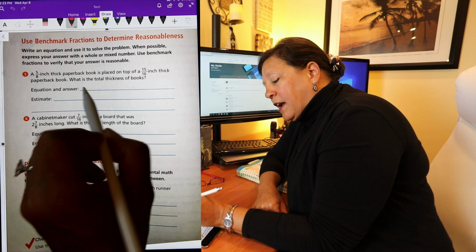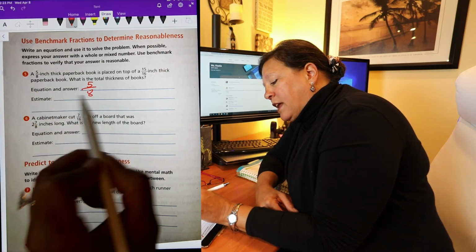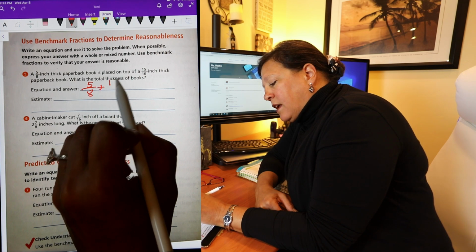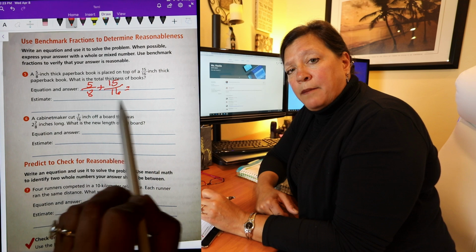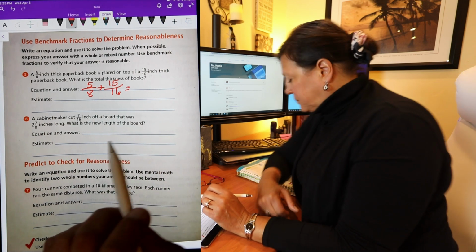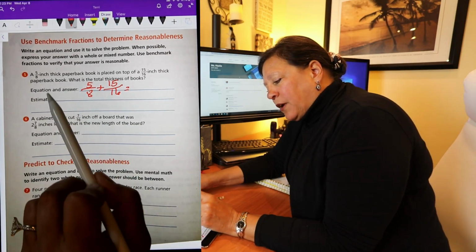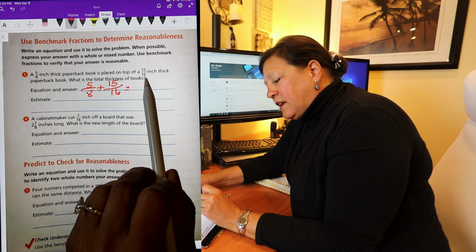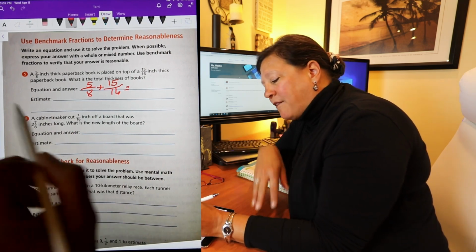Well, the first thing you're going to have to do, total thickness, we're adding them together. So you're going to have to add 5/8 and 15/16, and you need to get a common denominator before you can add them. And then to estimate, 5/8 is pretty close to a half.